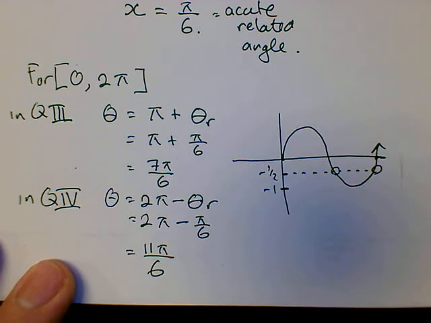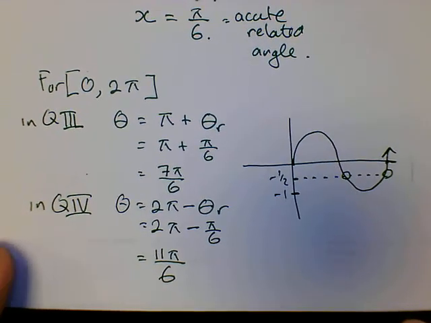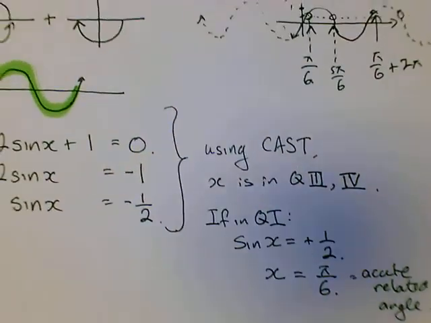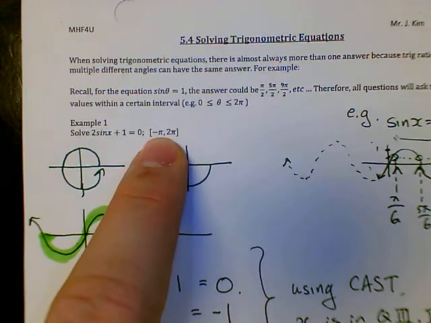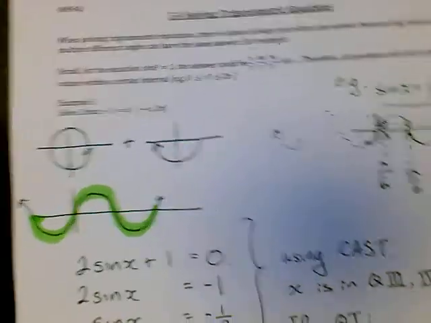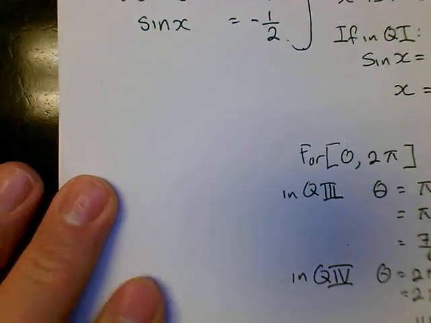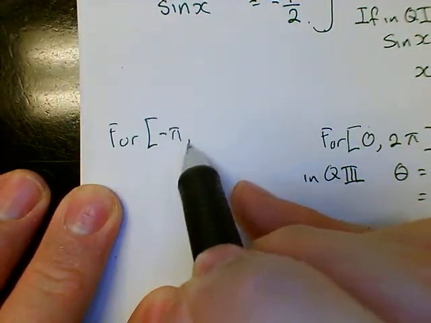I'm not done. Just for the sake of argument, just for the sake of having an example, I also made the interval cover 180 degrees or negative pi, so to the left side. So let us cover another interval, for negative pi to 0.